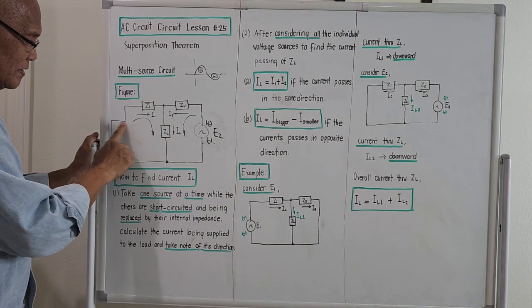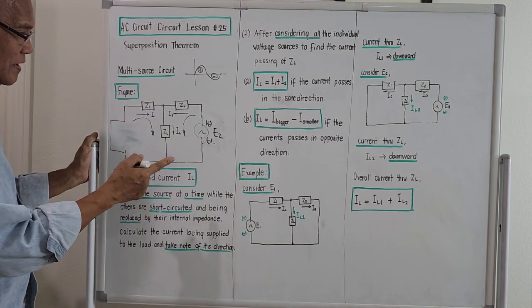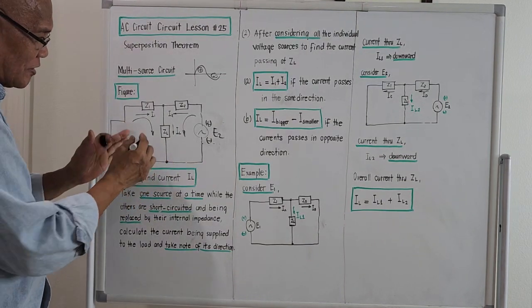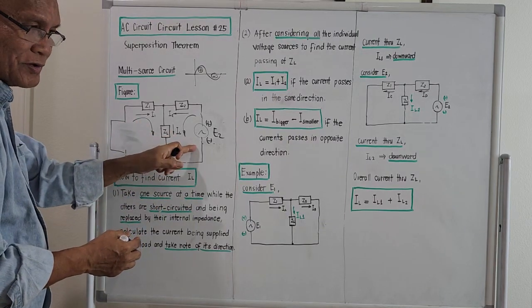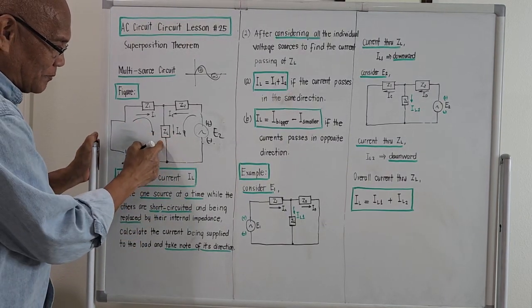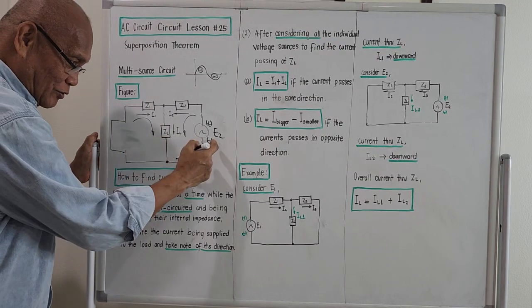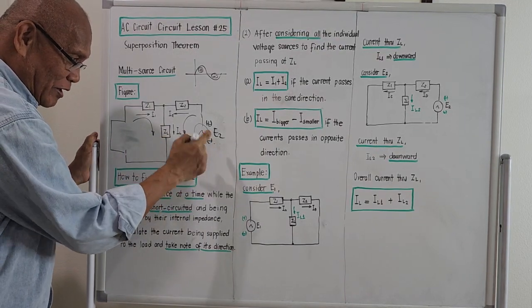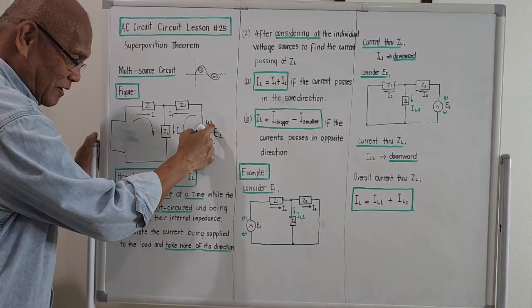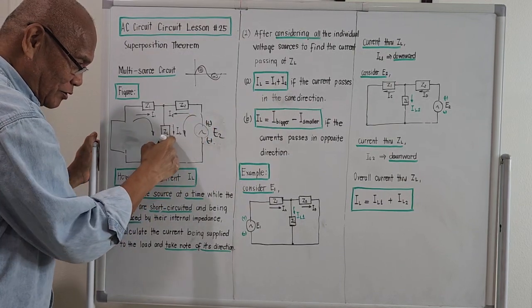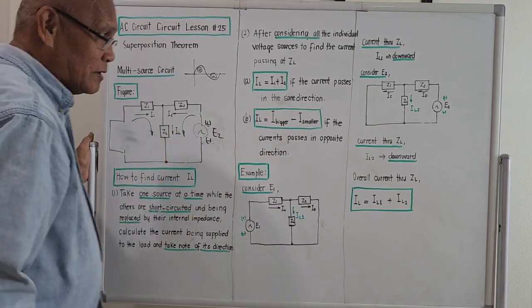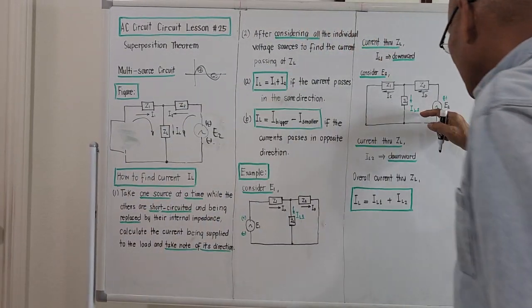So it seems we are just given a series parallel circuit with one voltage source. Try to compute for the current passing through ZL due to this. Okay, so if this is plus initially, of course the initial rush of current through ZL will be downward, like this.